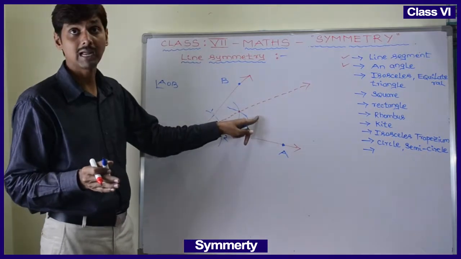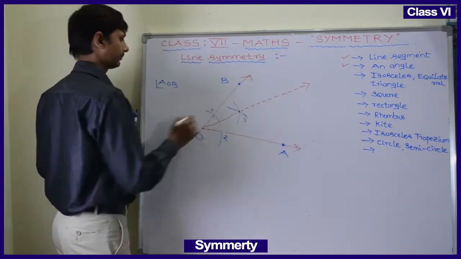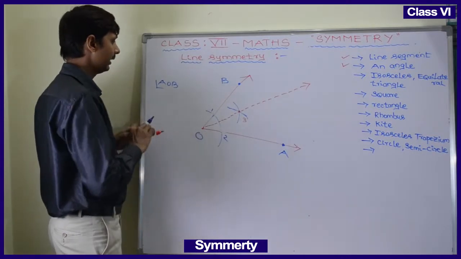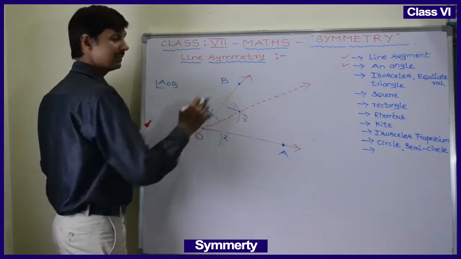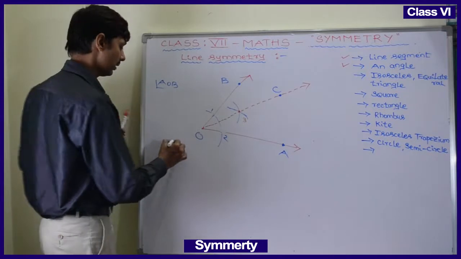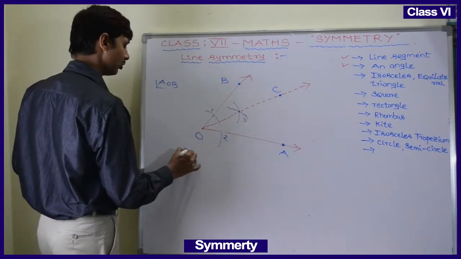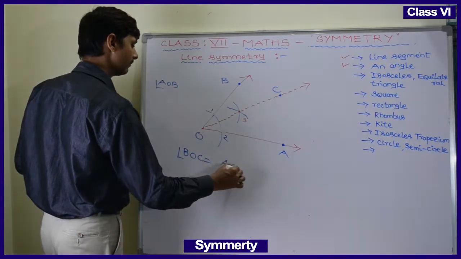So this is called line symmetry for an angle. Here angle AOB is divided. Let's take here C. So angle BOC is equal to angle AOC.